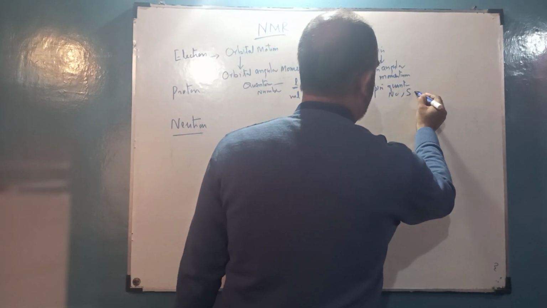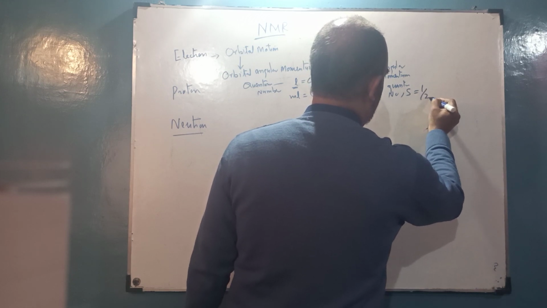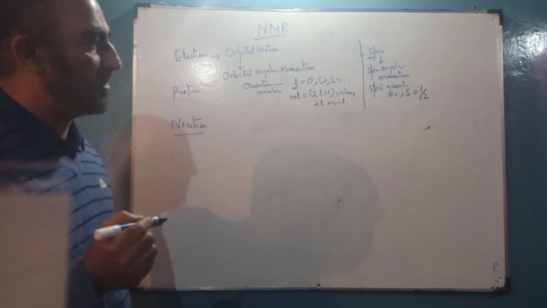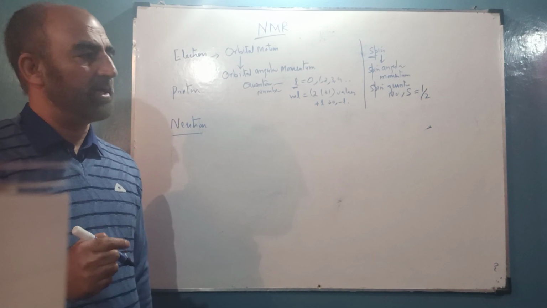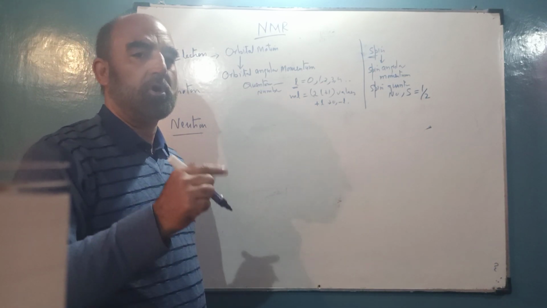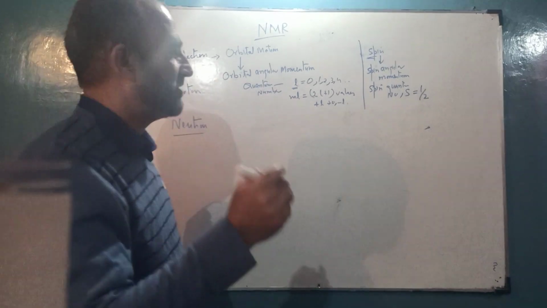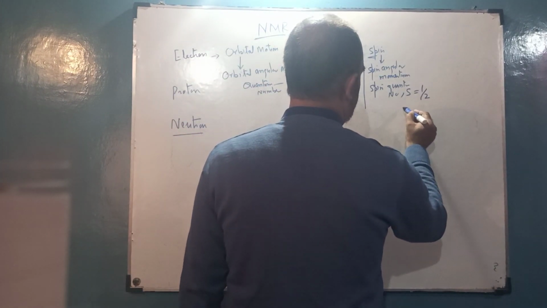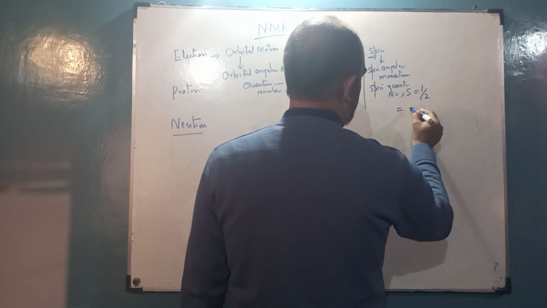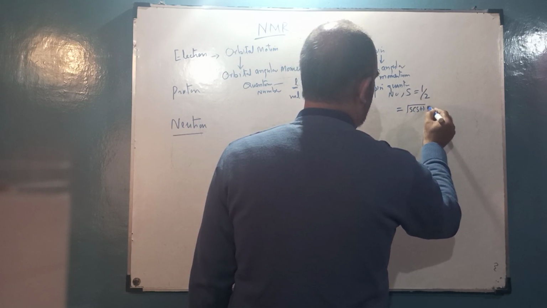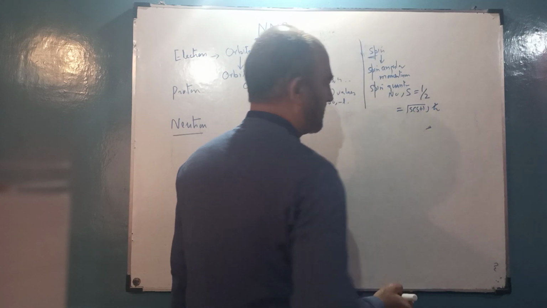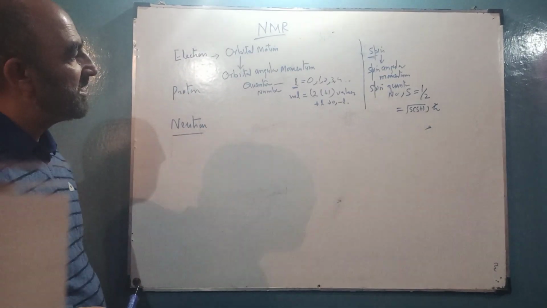So that means S can only have value 1 by 2. And the magnitude of this spin angular momentum will again be given by root of S into S plus 1 h bar, that is h by 2 pi units.